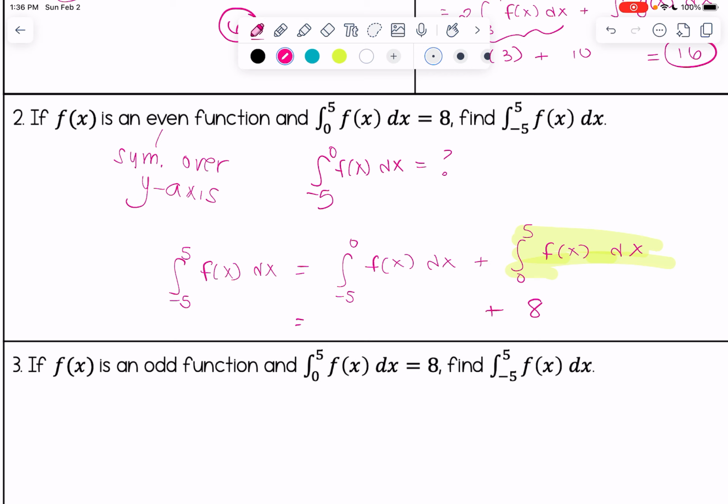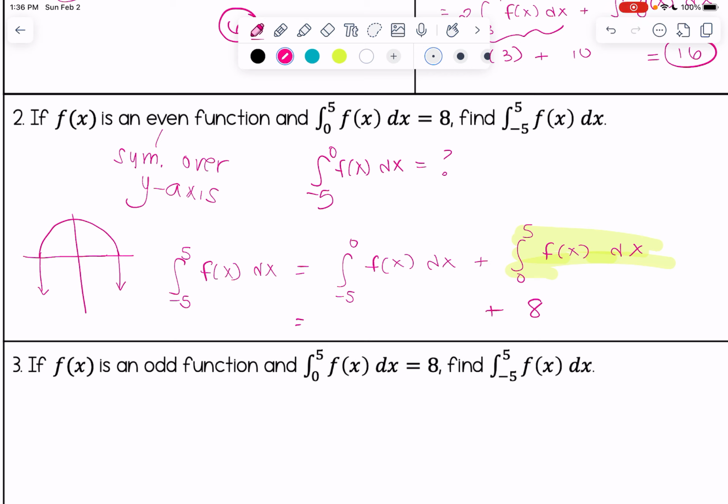Well, if it's symmetric over the y-axis, that means whatever's happening to the right of the y-axis is also happening on the left. So let's take a look at what that might look like here. If I have a graph, let's say I was just drawing an upside down parabola here, a quadratic function. Remember, a definite integral represents the area under a curve.